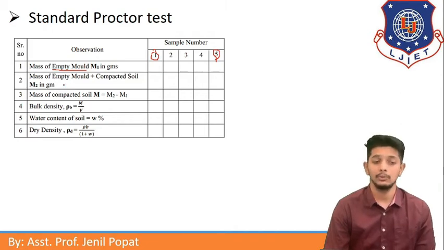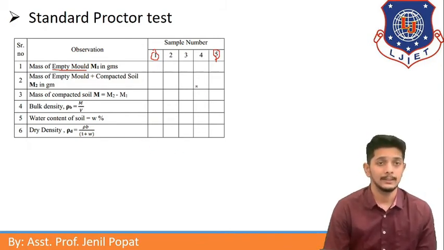So M1 and M2, which we have measured earlier, we have to put here. Then we will subtract the empty mold mass and get the total compacted soil mass. Then we will find the bulk density as per this formula. We will put water content here and dry density here. This way we can note all 5 sample details.